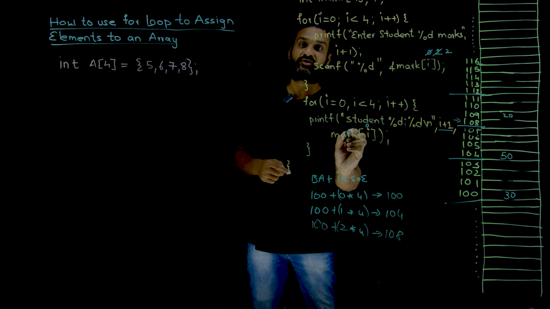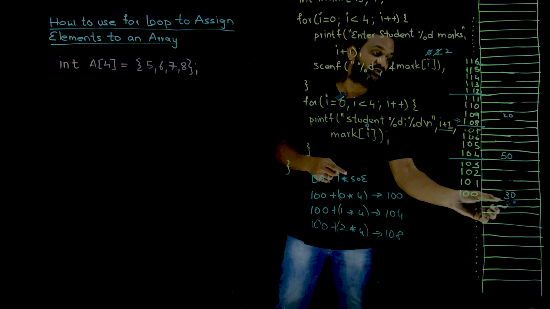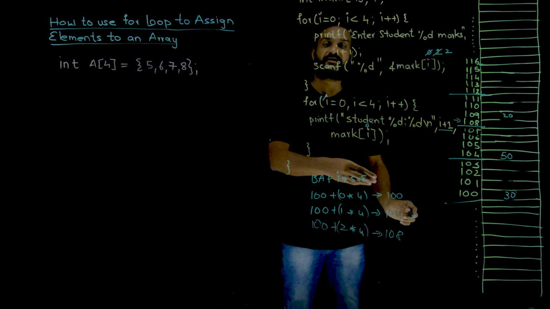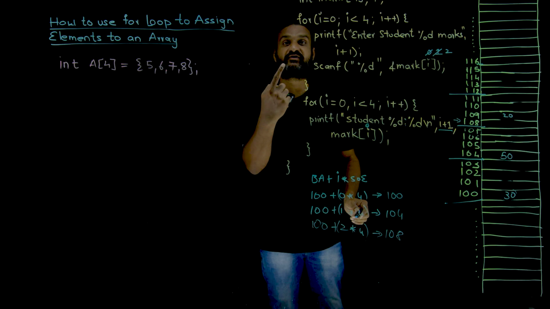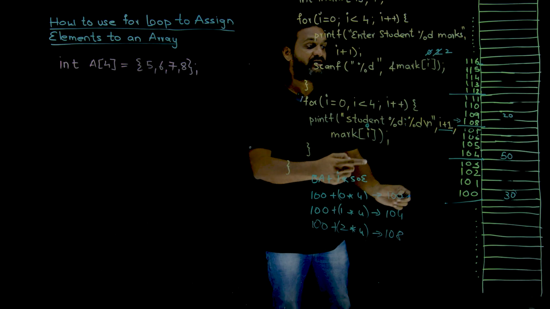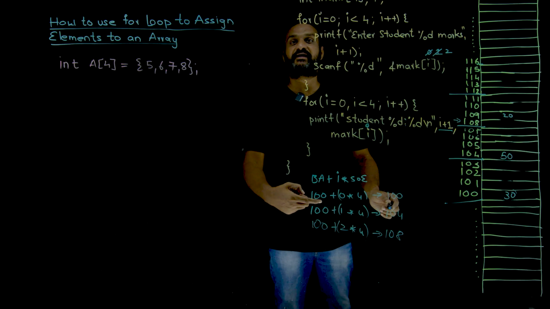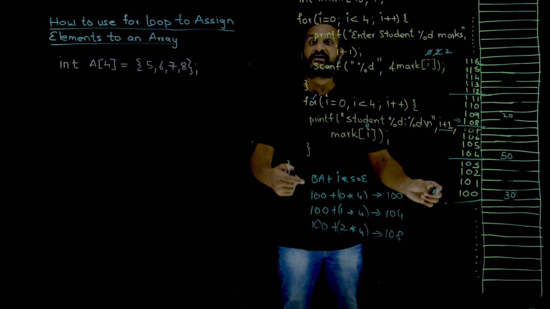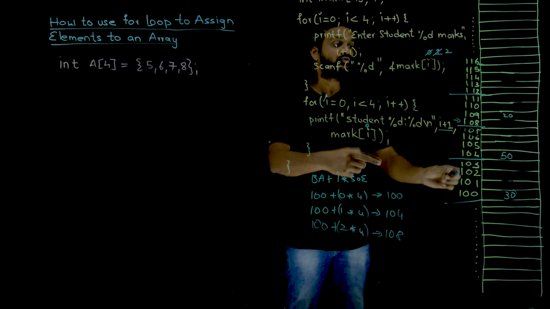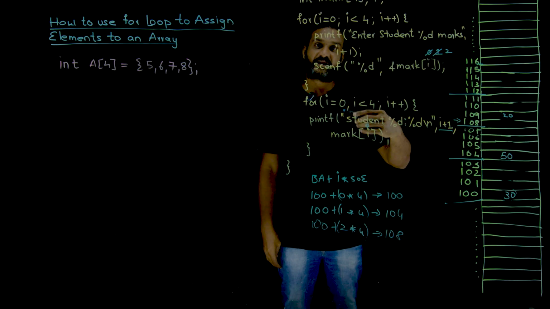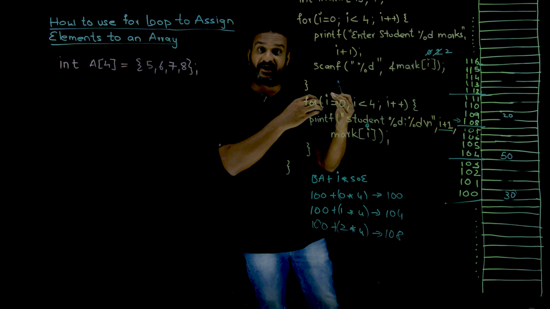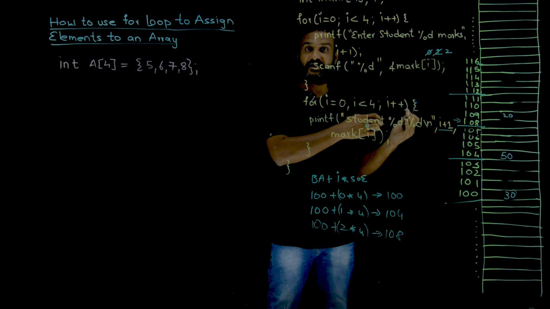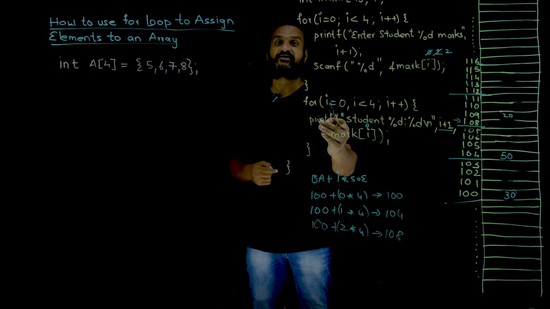Here it is marks of 0, which is 30, so 30 will get printed. In the second iteration, the value of i becomes 1, marks of 1 is 50, so 50 will get printed. Similarly, in the third iteration, marks of 2 is 20, so 20 will get printed. In this way, the complete array elements will get printed by using this for loop.